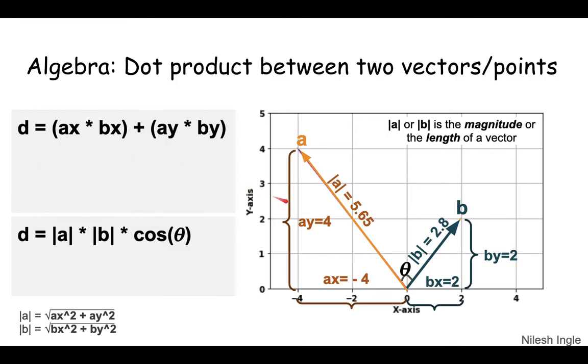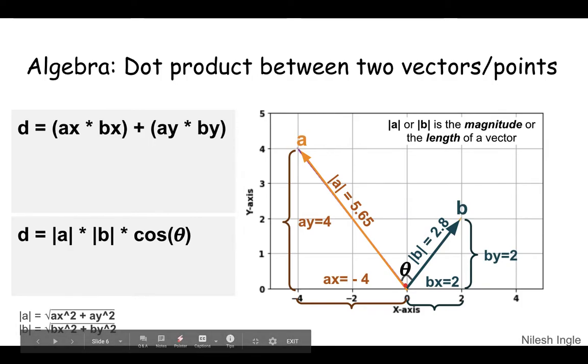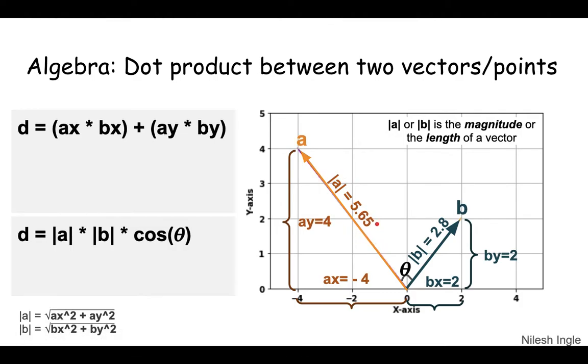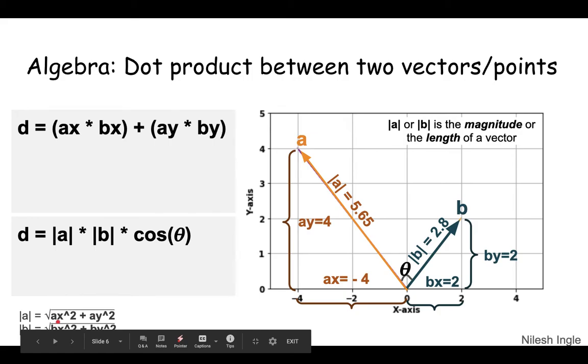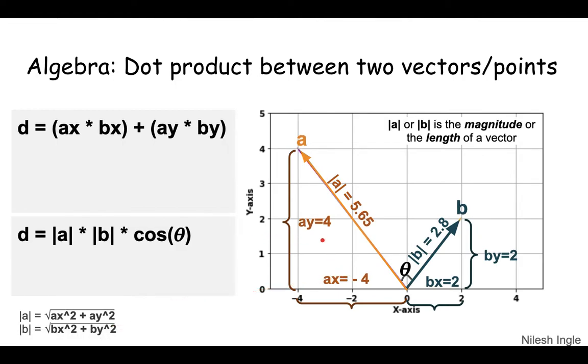For each of these vectors, we have a magnitude, which is the length of the vector, and in this case the length of the vector is 5.65, which is calculated from this formula here, which is our Pythagoras formula. Now, these points, this is 4 and minus 4, and this point here is 2 and 2.